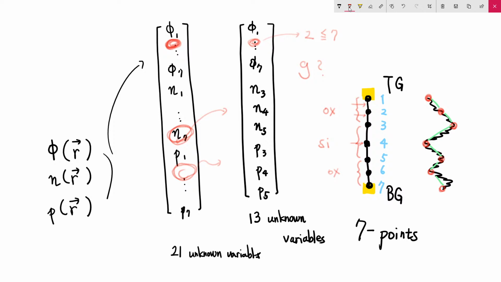Can you easily understand this corresponds to your N4? Or if you have number 12, can you easily understand this corresponds to your P4 quantity? So you feel that it is really difficult to find out the physical meaning of your unknown variables.